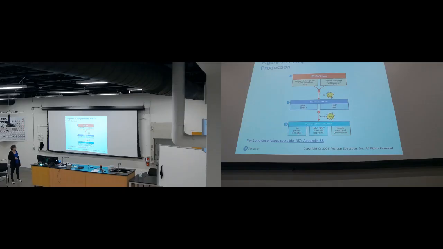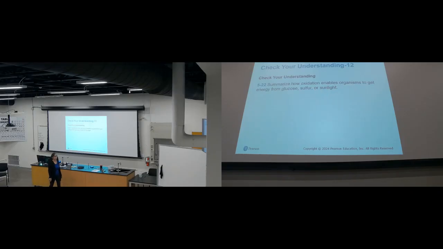So if the final electron acceptor is oxygen, you will have oxygenic or aerobic respiration. If it's nitrates, sulfate, that will be anaerobic respiration. And if it's an organic compound, it's fermentation. So those are the requirements for ATP production.